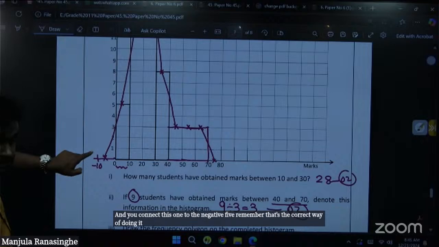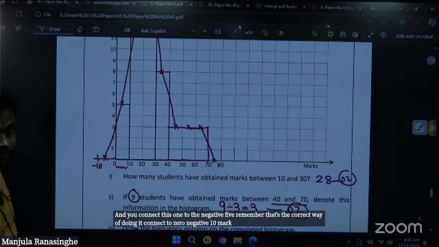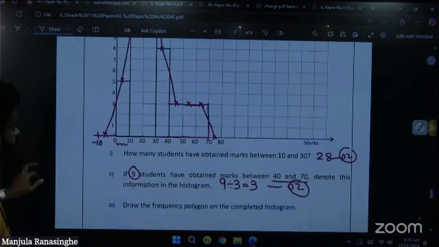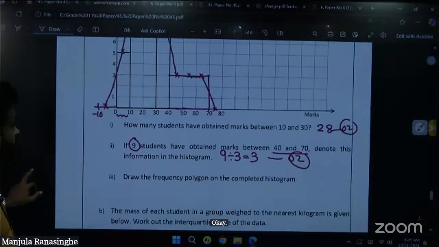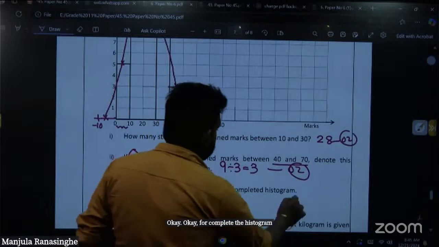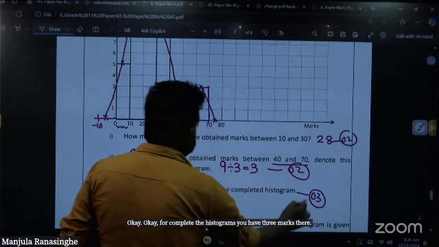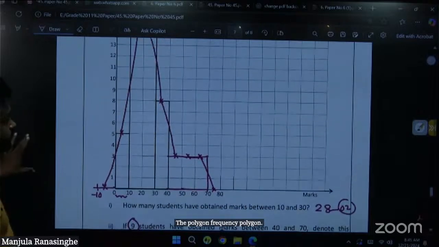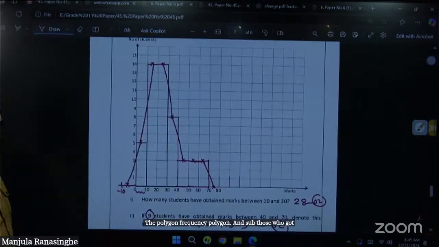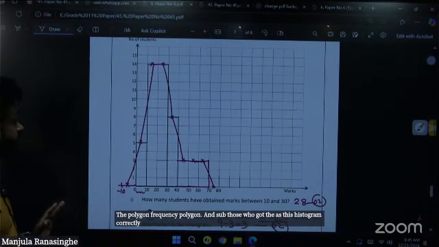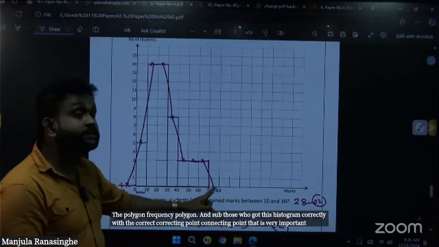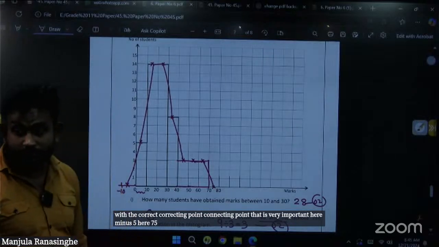Connect to 0, -10 marks, and midpoint -5. For completing the histogram and the frequency polygon, you have 3 marks there. Hands up those who got this correctly, with the correct connecting points. That's very important: here -5, and here 75, connecting to the x-axis.